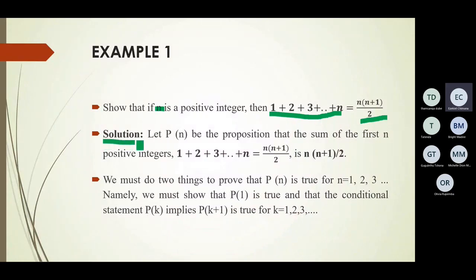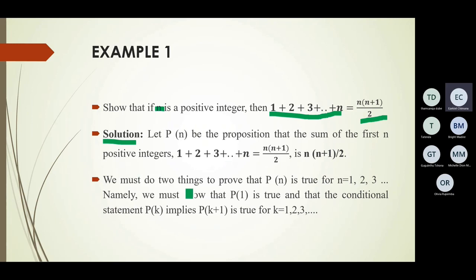So our solution here: we start at the basis step. Let P of n be the proposition that the sum of the first n positive integers, 1, 2, 3 up to n, is equal to n times n plus 1 over 2.